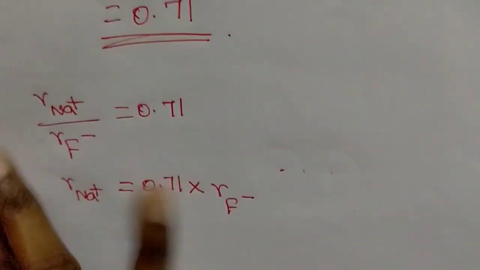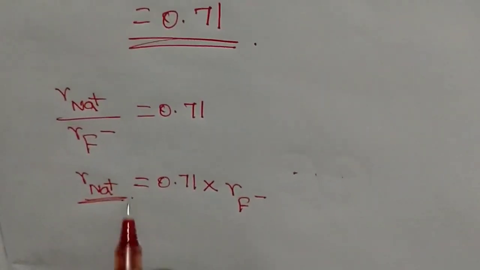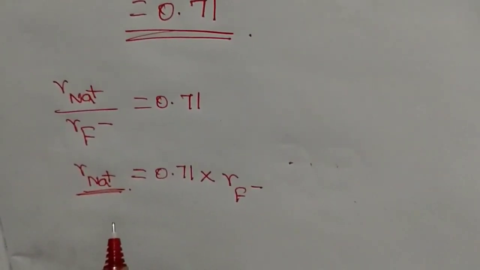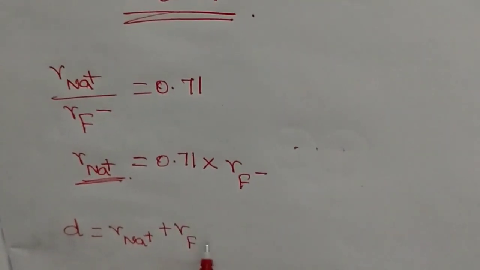Okay. Then substitute this r_Na+ value in equation number 5. What is equation number 5? d is equal to r_Na+ plus r_F-.